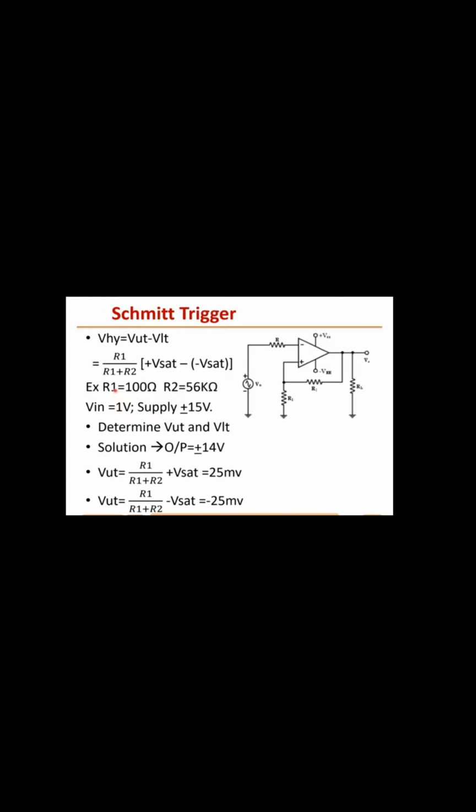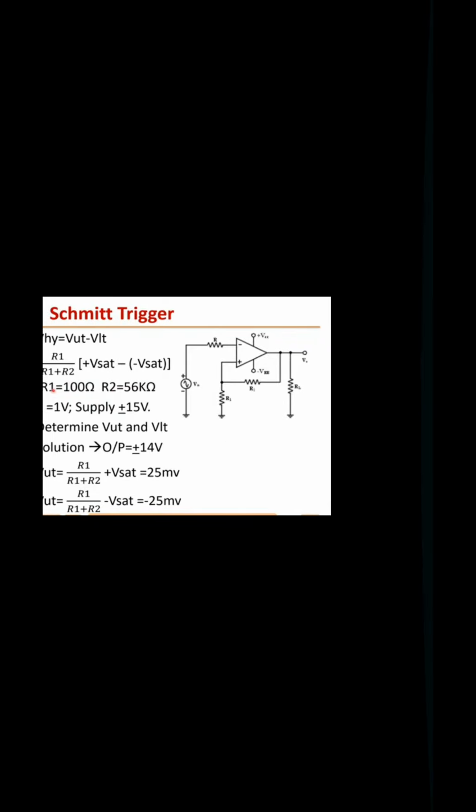If you solve this, you will get VUT as 25 millivolt and VLT as minus 25 millivolt. The output V0 waveform will be like this.